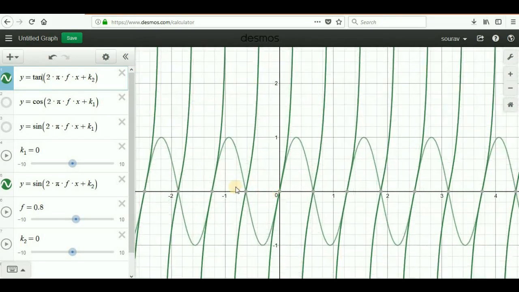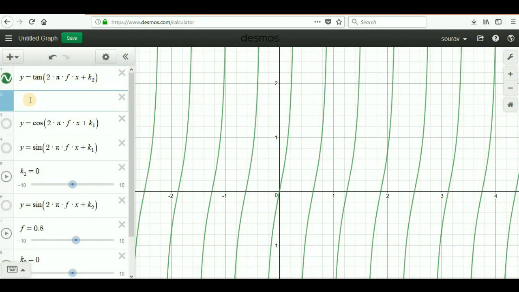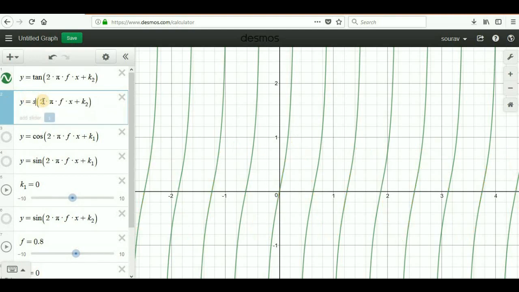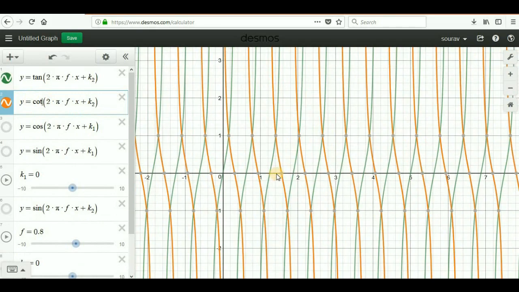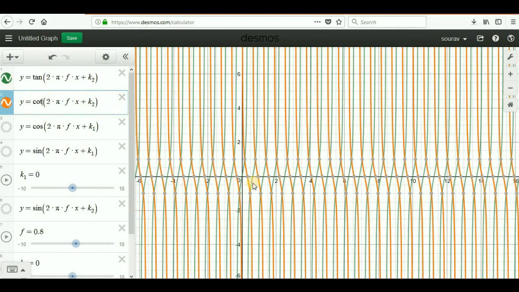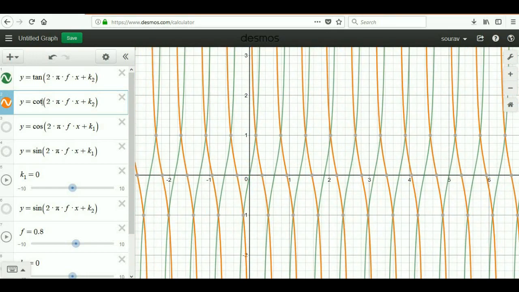However, it can be compared with cot. Right, as you can see, they have intersection points and they look pretty much complementary to one another. That's why they can be so easily put into mathematical terms, tan and cot together.